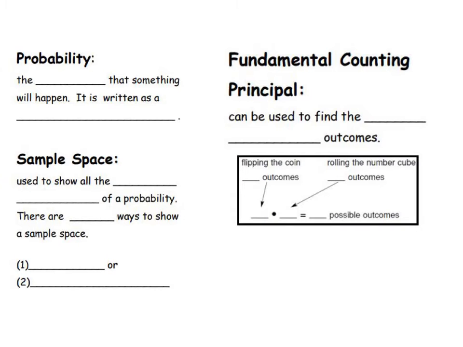So open up your foldable, and what we're going to be starting this unit is probability. Who knows probability or what that means? Probably. Yeah. Well, it's probable what something will happen.